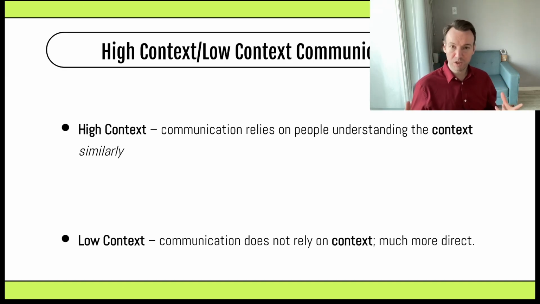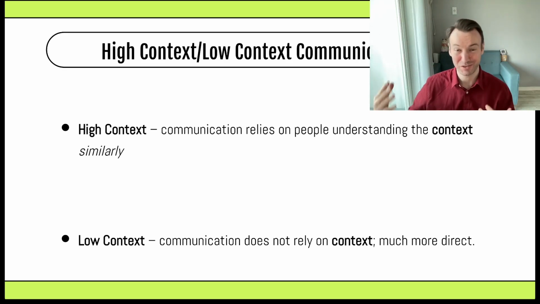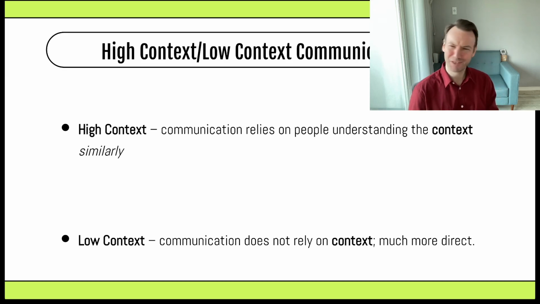Problems come where people do not understand the situation in the same way. One person is speaking in high context communication, but the other person is understanding in a very low context situation. The other person really needs to be told directly, so they can't understand what the other person is saying because they are using high context language.